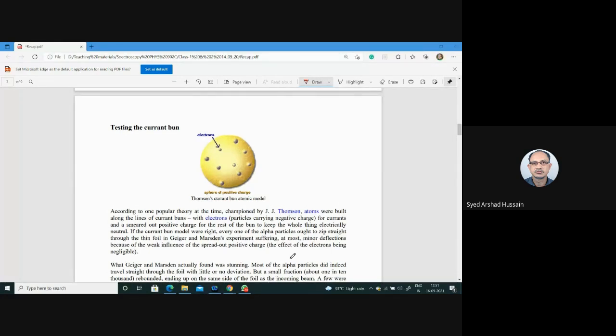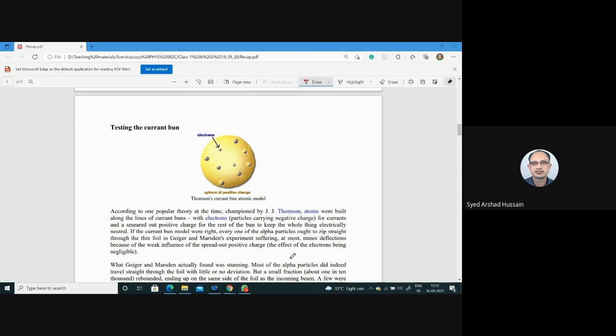He suggested mainly positive charge, because physically as a whole the atom is neutral, and at the same time the electron is negatively charged, so there should be something so that the negative charge of the electron is neutralized.